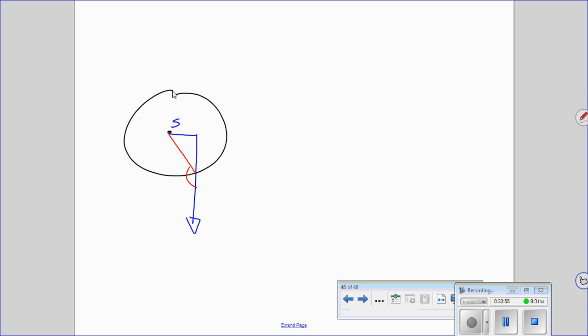Because when you use this equation, F D sine theta, what the sine theta accomplishes is it's either finding the component of the lever arm that's perpendicular to the force, or the component of the force that's perpendicular to the lever arm. Cool? So that's all that sine theta is.